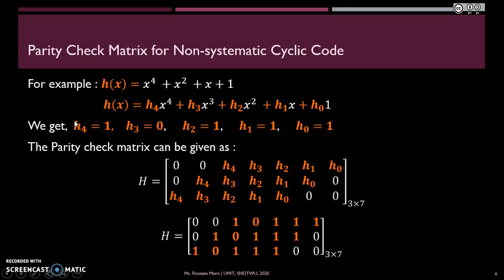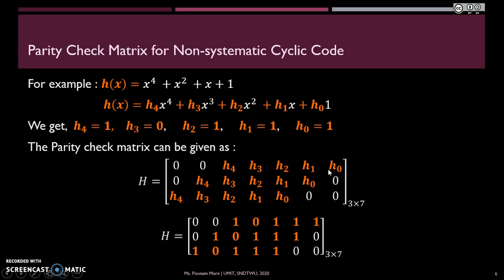So here, as we are having the values from h0 to h4, we will first form our first row. See here, the number of columns is equal to 7. So the last 5 columns will be filled with the values of h4, h3, h2, h1, h0, and the first 2 positions will be filled with 0.